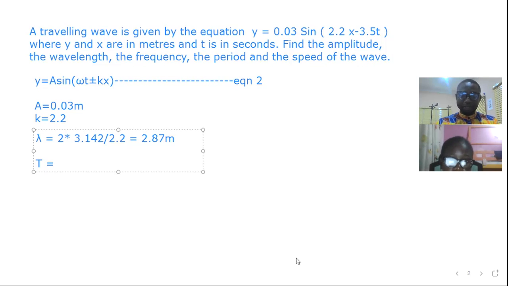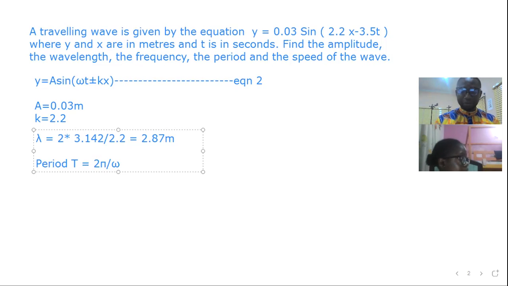I hope you remember that formula. Period T is equal to 2 pi over w.